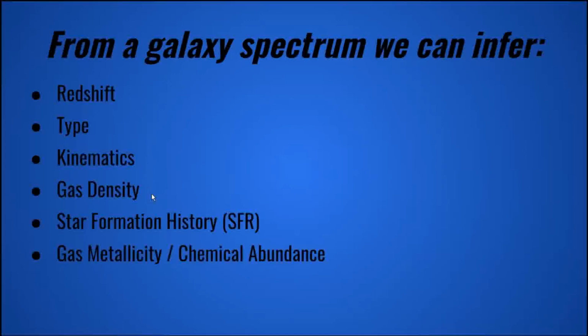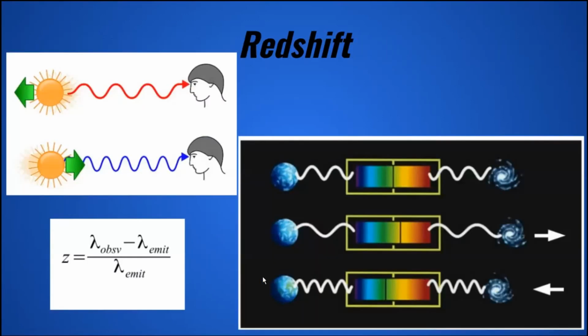We can see how dense the gas is in the galaxy. We can not only tell if it's a star-forming galaxy, but we can actually give an indication of what percentage of stars is what age, with errors, but we can do that. And same for the gas metallicity or chemical abundance of the stars.